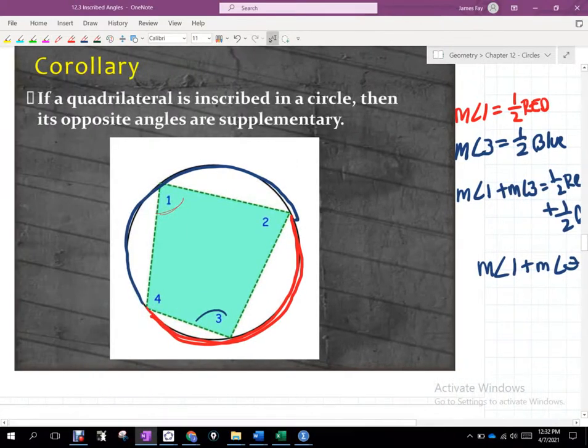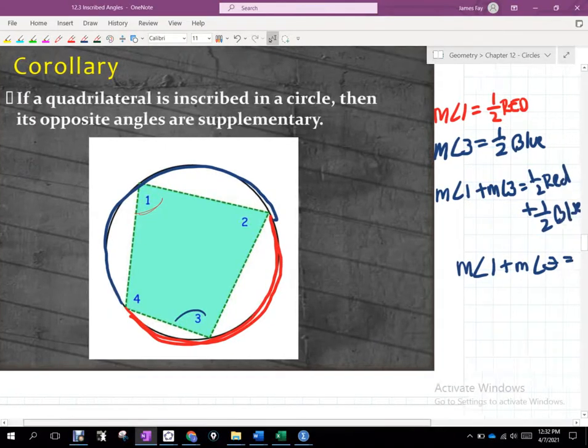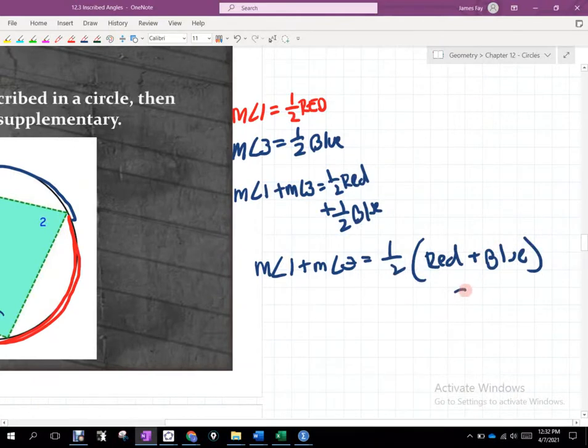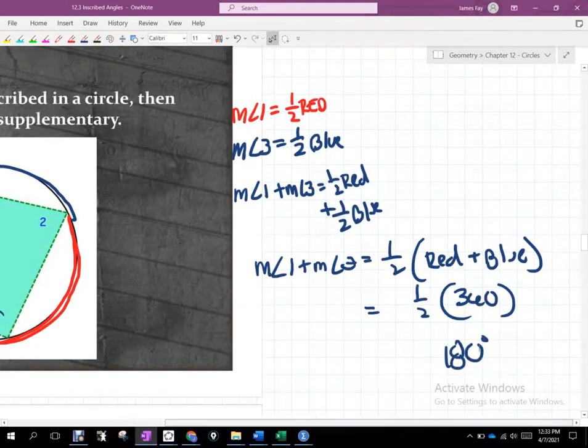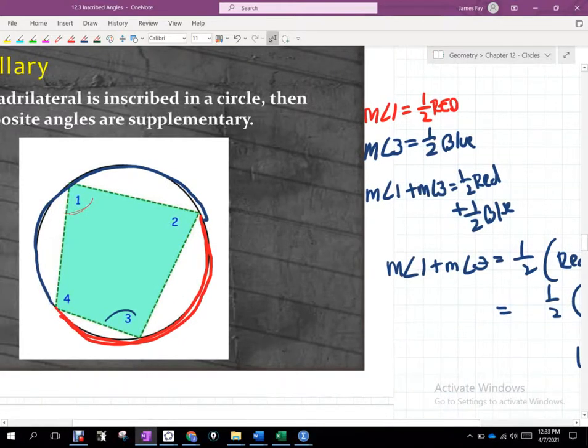What is red plus blue? That's the whole circle, right? How many degrees is the whole circle? 360. So if I put 360 in here, times 1/2, what do you always get? 180. So the measure of angle 1 plus angle 3, which are opposite angles, will always equal 180. We do the same thing with 4 and 2.